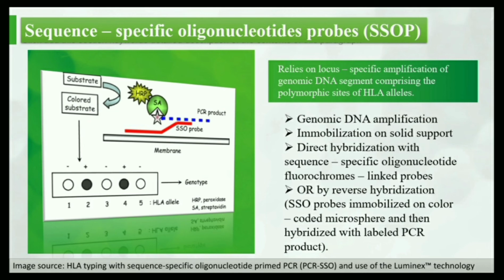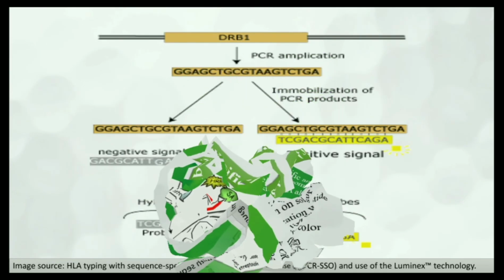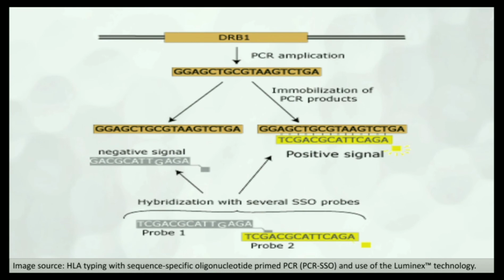This figure explains how the method works. The resolution level depends on the number of probes. For example, 50 to 100 probes per locus give intermediate to high resolution, as I said earlier. So this diagram shows how the probe binds to its corresponding sequence and gives a positive signal, and if there is no signal, there is no similarity in the sequence alignment.